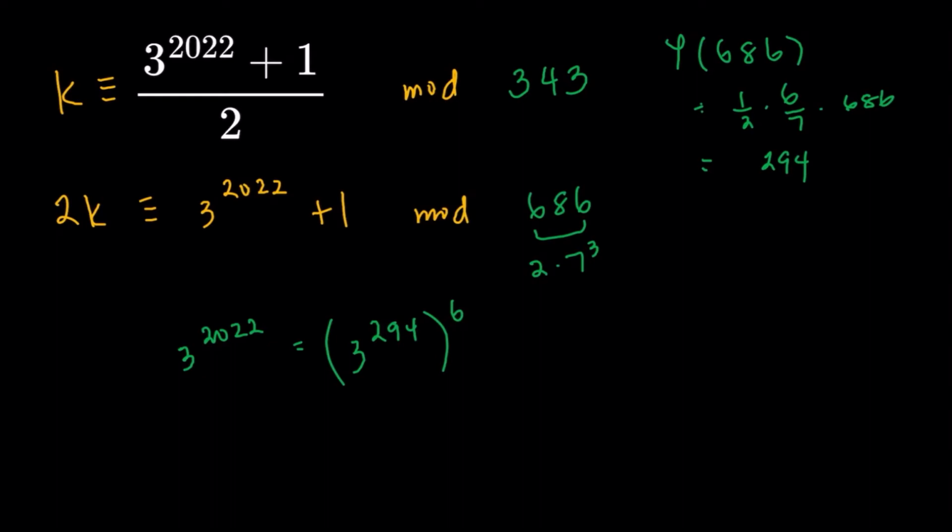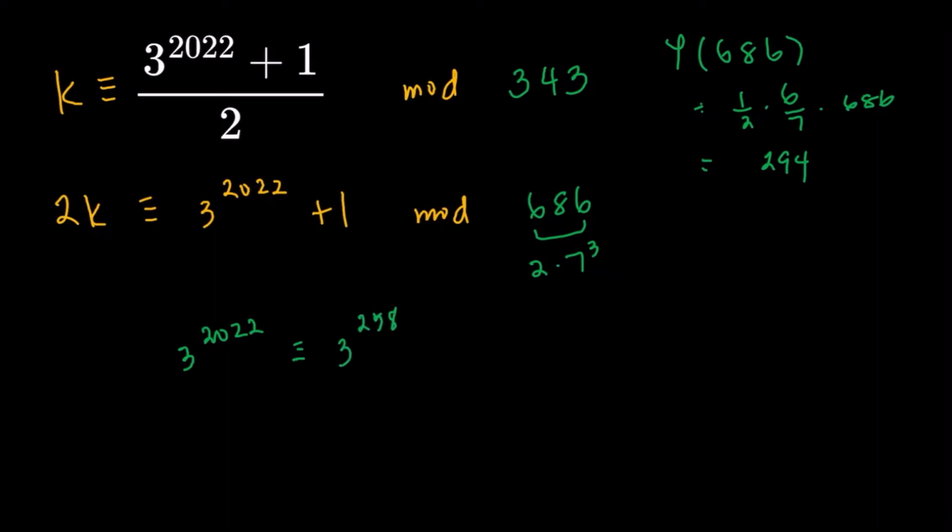We just do the laws of exponents here. 294 times 6, that's essentially raising it to the 1764th power, and then subtract it from 2022. So we just have to deal with the remaining 3 raised to 258, because by Euler's theorem, this is congruent to 1 under mod 686. So 3 raised to 2022 is essentially congruent to 3 raised to 258.